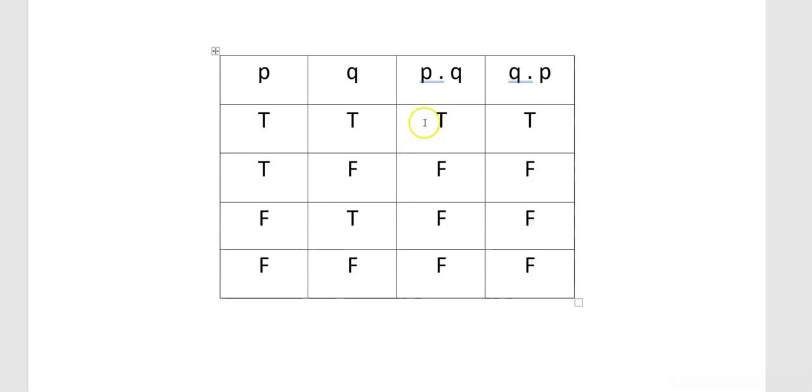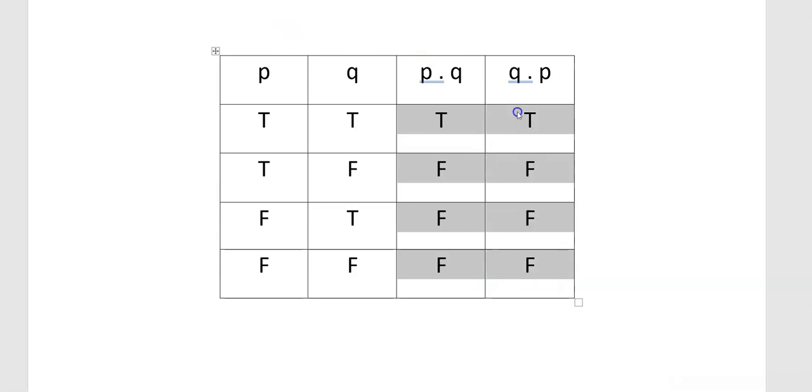Now compare the truth value of P dot Q and the truth value of Q dot P. What do you notice? You notice that where P dot Q is true in a row, Q dot P is also true. Similarly, where P dot Q is false in all the remaining three rows, Q dot P is also false. What does this mean?